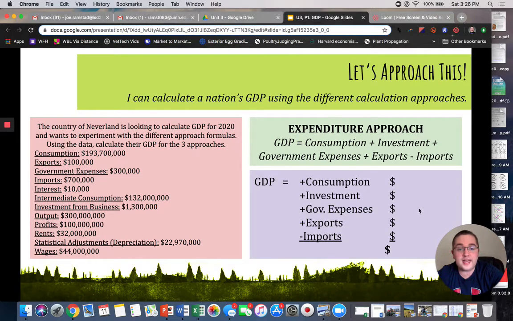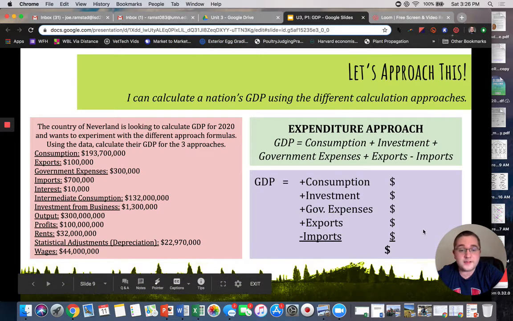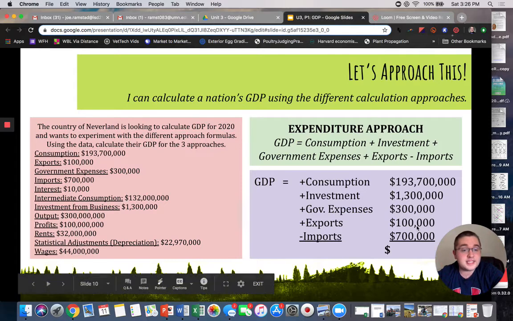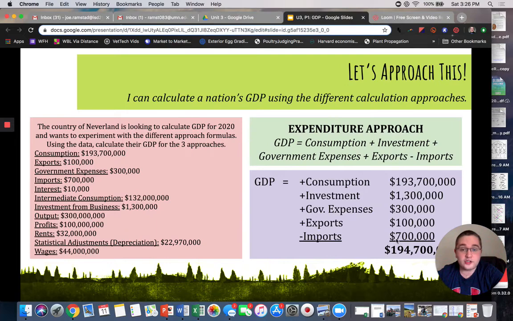And I'm going to go ahead and do that for all of the accounts. So consumption, investment, government expenses, exports, and imports. And that gives me this setup. Now I'm basically just going to add all of these components together and subtract my imports. And that's going to give me $194,700,000. That is the GDP of Neverland using the expenditure approach.